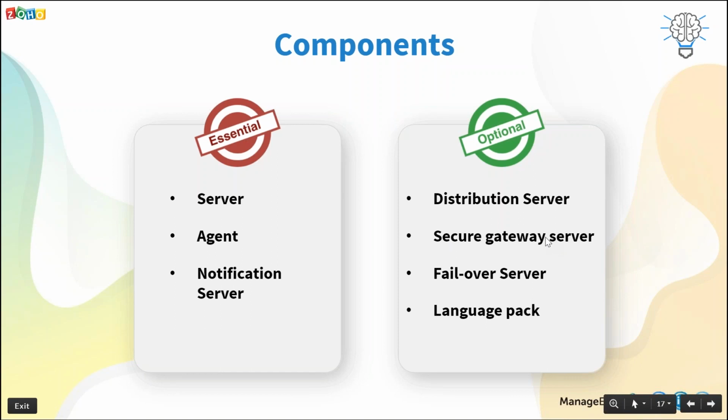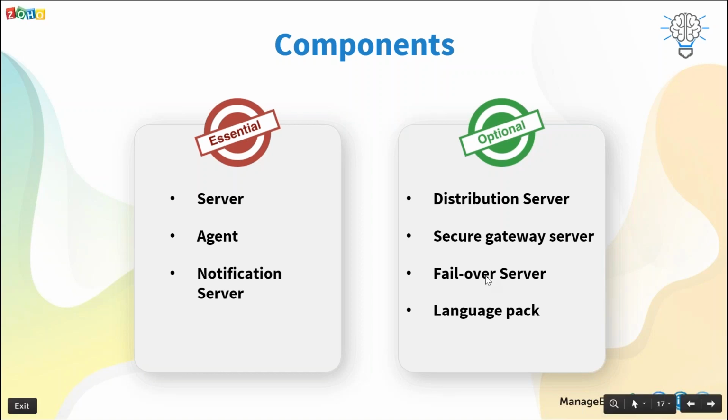This way, any communication from roaming users will pass through Secure Gateway server and then on to Desktop Central server. This is particularly more important now, considering the work from home scenario where multiple remote endpoints connect to Desktop Central server over the internet.